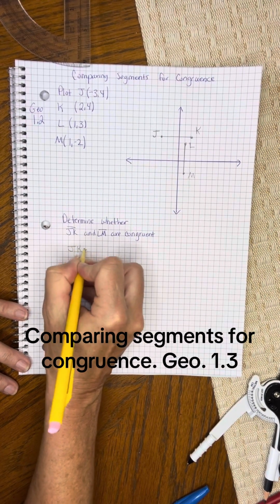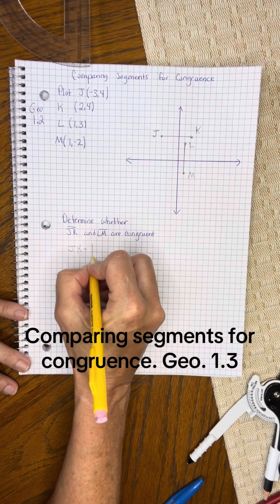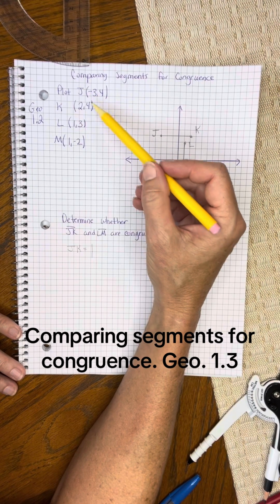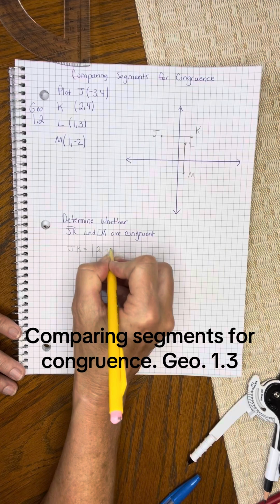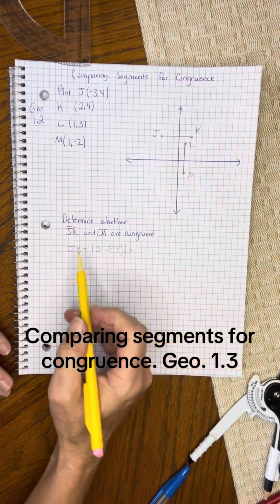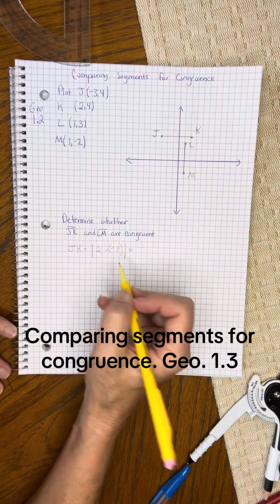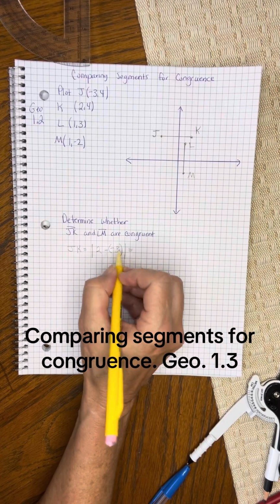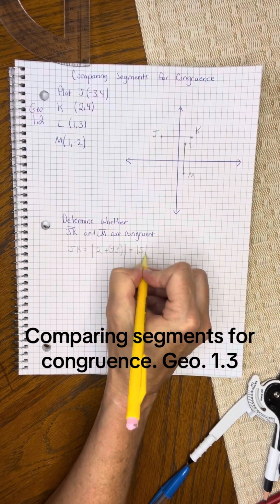So JK's measurement is going to be the absolute value of these two X's here. So that's like 2 minus negative 3. We need it to be an absolute value because we can't have a negative length, and this will ensure that it'll be a positive answer. 2 minus a negative 3, I'm going to add the opposite there, and I'm going to get 2 plus 3, which is the absolute value of 5.